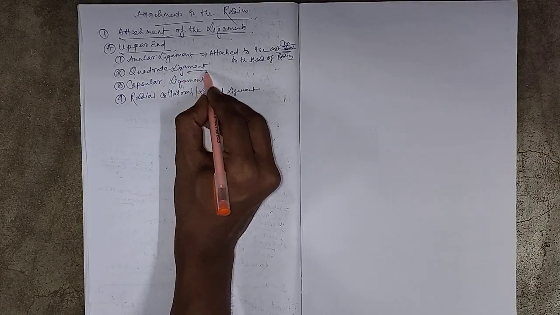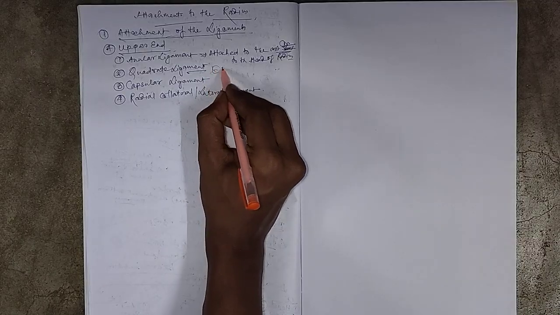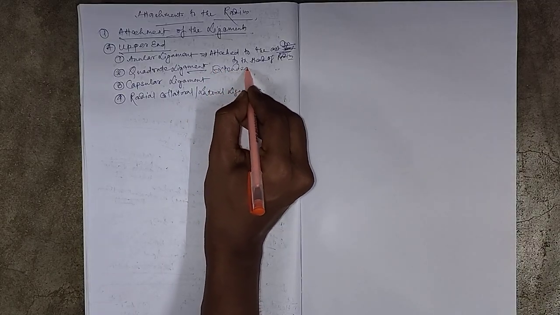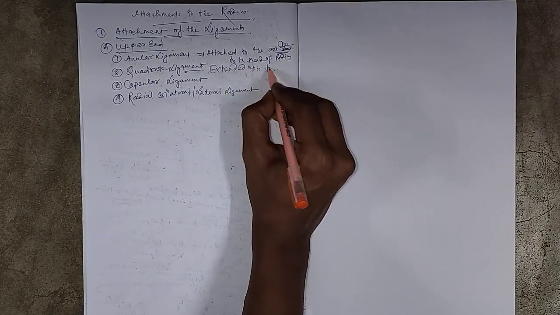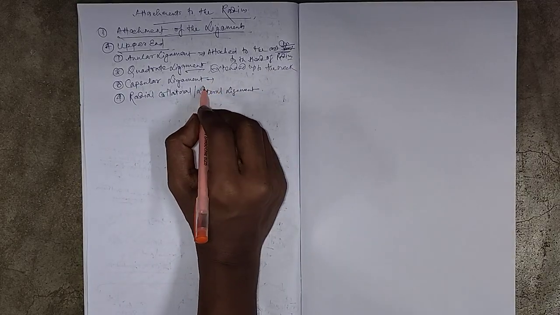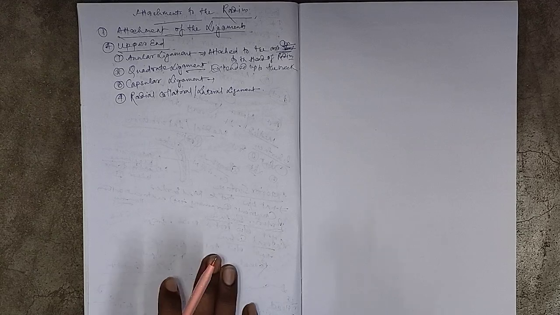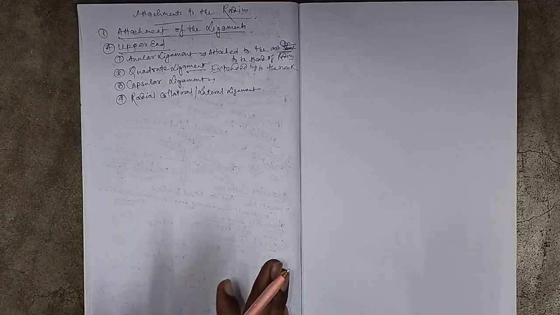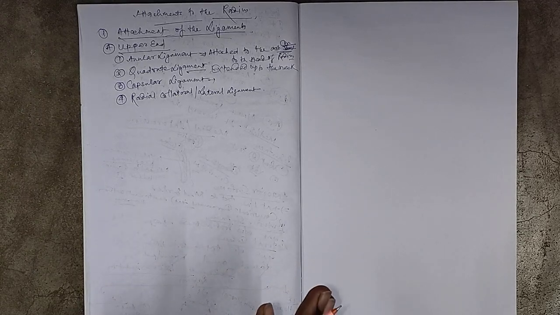And the second, the quadrate ligament, is extended up to the neck. Then the capsular ligament and the radial collateral ligament. So these are the ligaments present in the upper end.